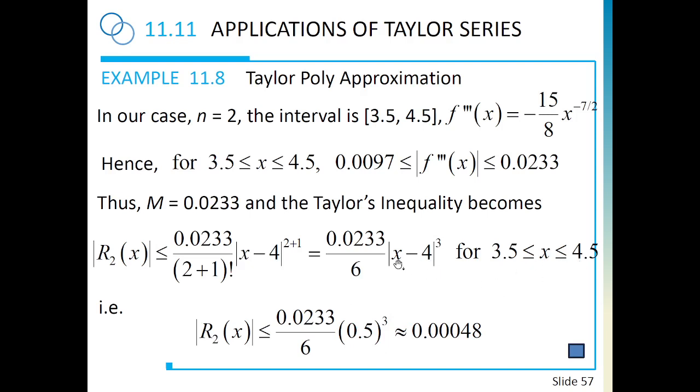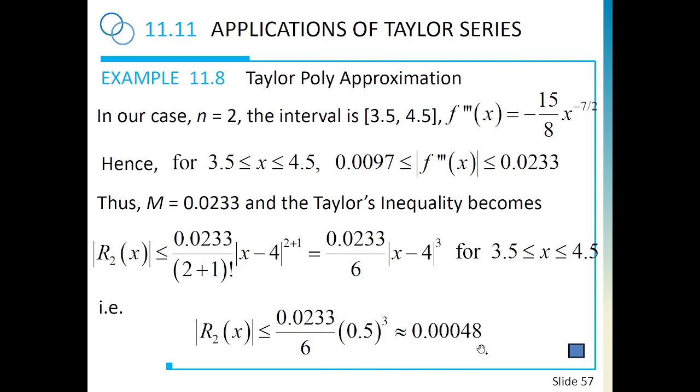If you put in 3.5, minus 4 is negative 0.5, but in absolute value it is 0.5, and if you put in 4.5 you get again 0.5. So obviously this is an increasing function. So we have the estimate for this value here for x's between 3.5 and 4.5. That helps us put all the numerical values in the formula and get an estimate of the error.